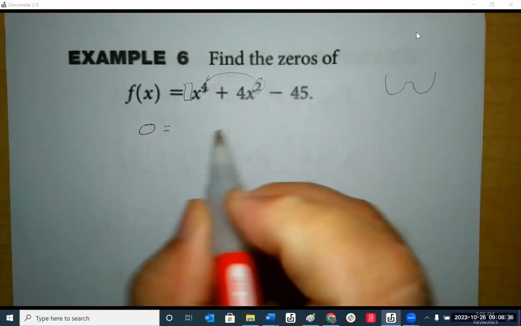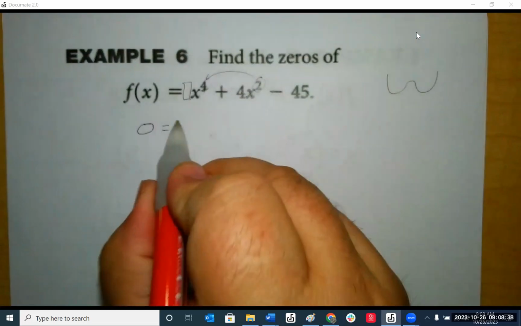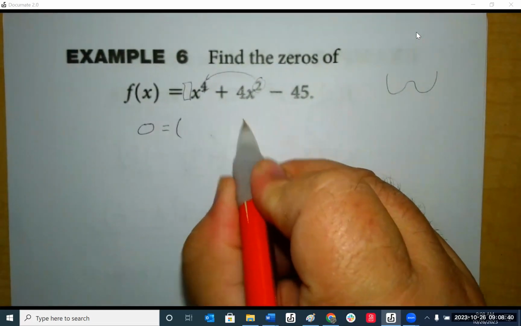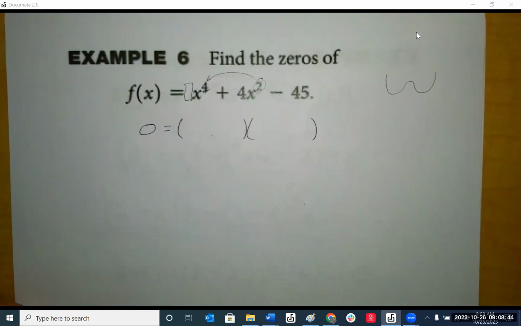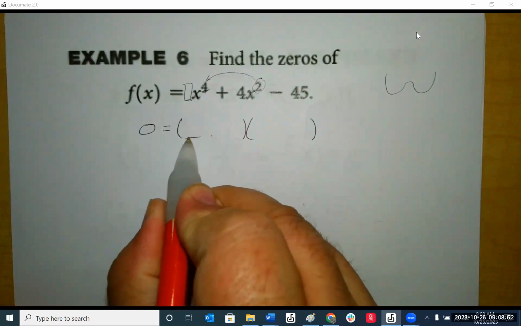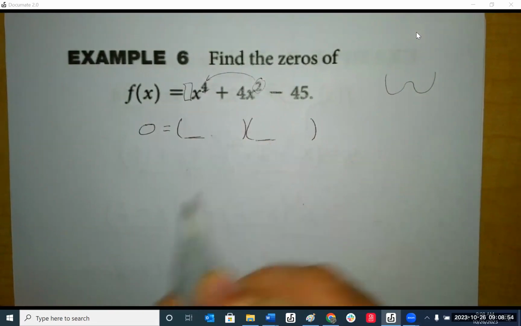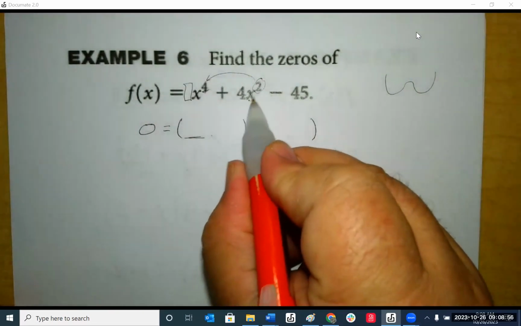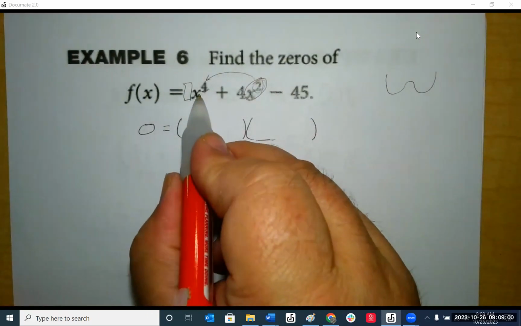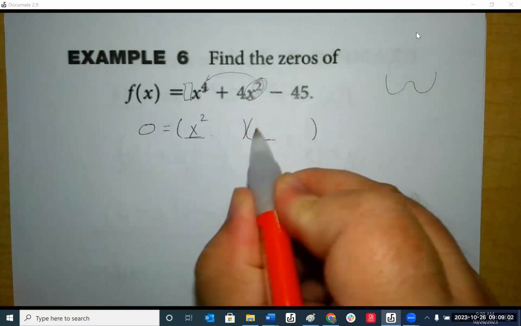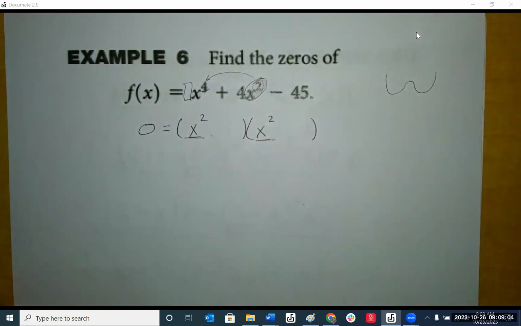Set that equal to 0. Fortunately, this one, if we can factor, is much faster. The quadratic formula would also work here. So what goes here is actually x squared. What times what gives you x to the 4? x squared, x squared.